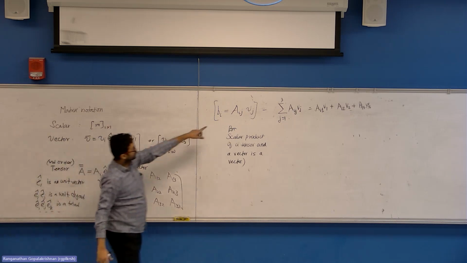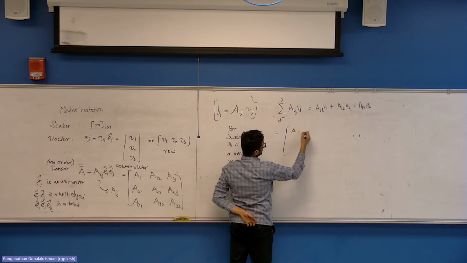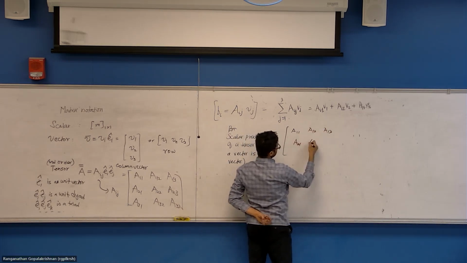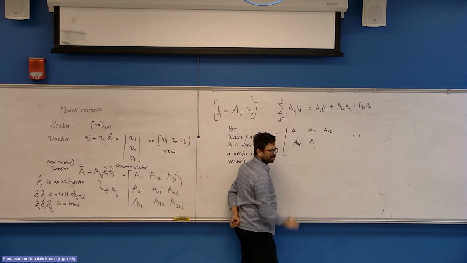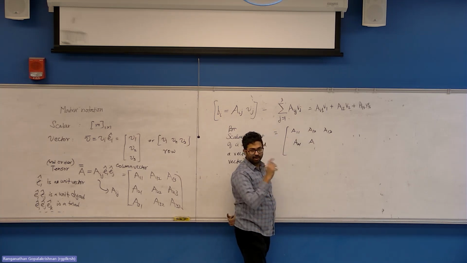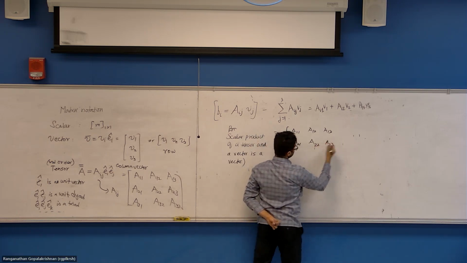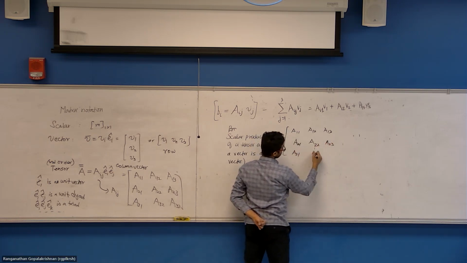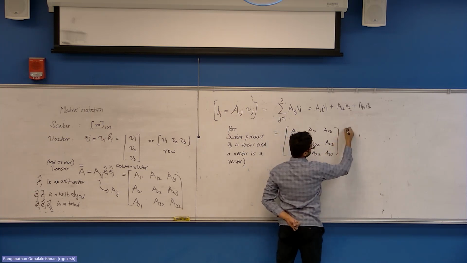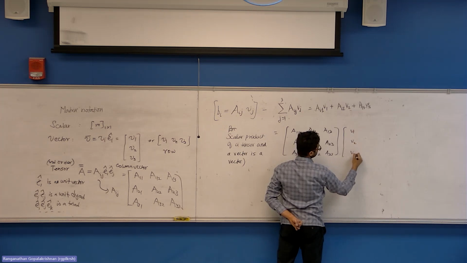And how you would express this operation in terms of matrices, you have A11, 12, 13 and so on. I estimate that about 20% of my time in this class will be spent writing these matrices. Multiplied by V1, V2, V3.